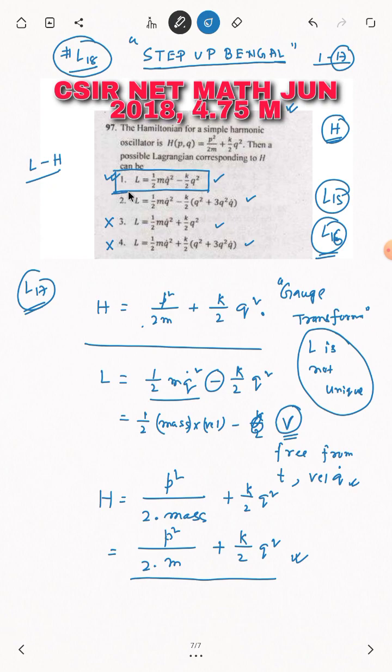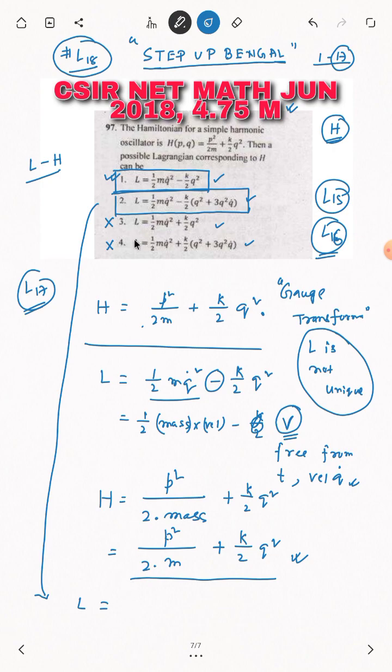Now the only option remaining is option number 2. We have to just see if gauge transformation is applicable to this. If this is applicable, then that will also be the answer, because it is a 4.75 mark question, that means multiple select question. Now let us see it. In the second option, half m q dot square minus k by 2, if we take this second option, what will be our L?